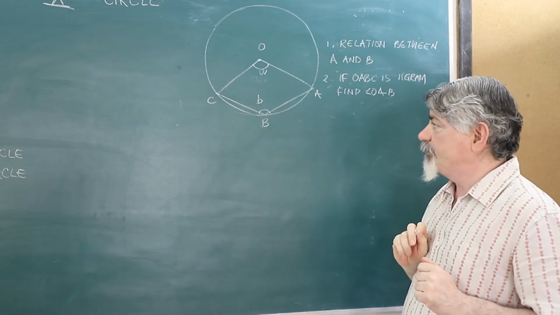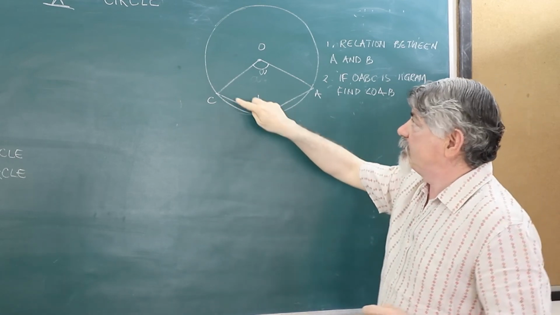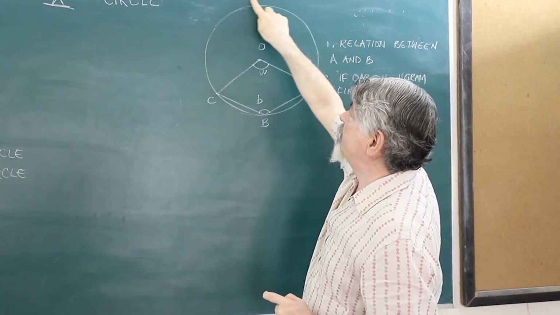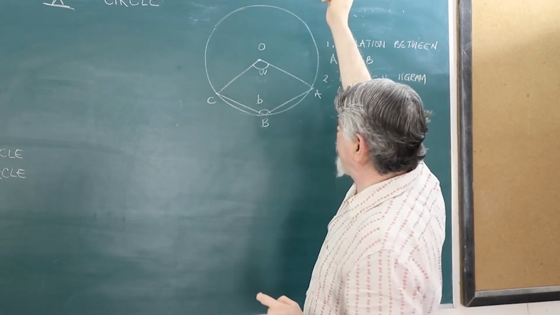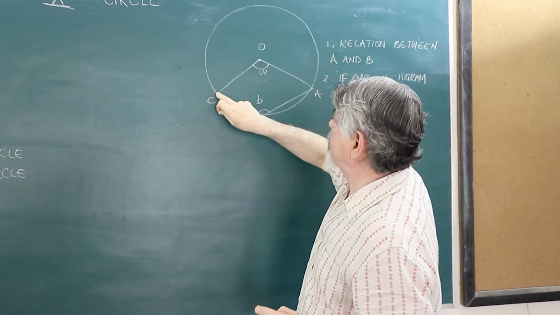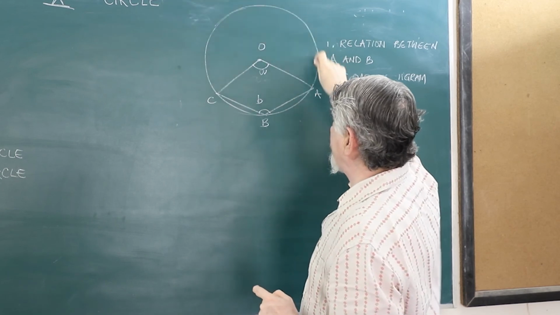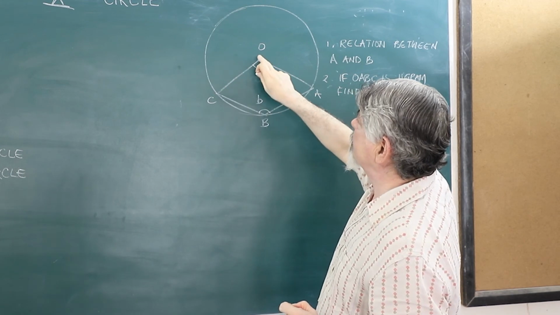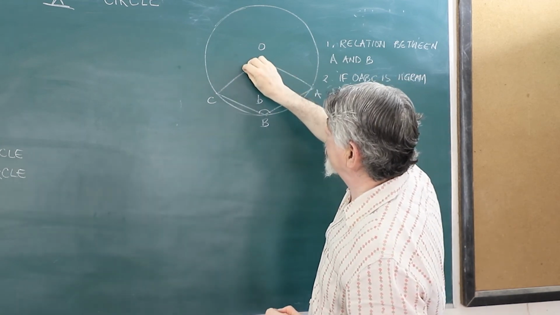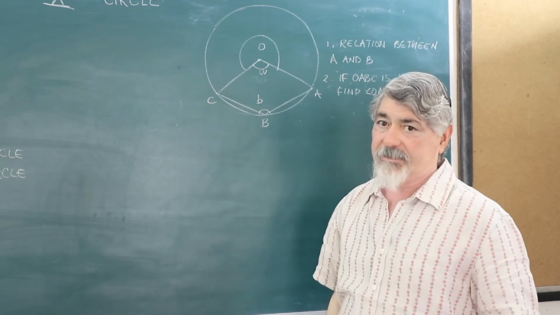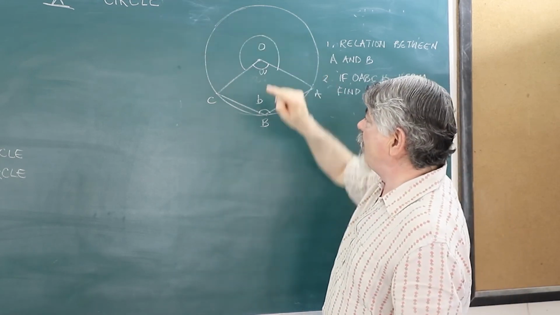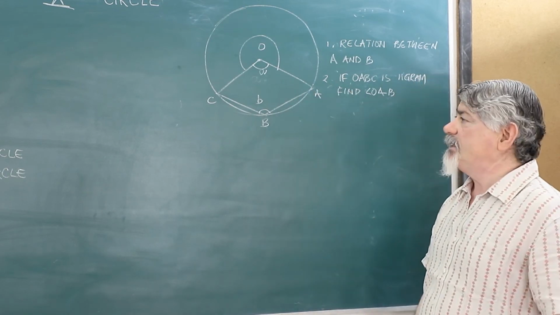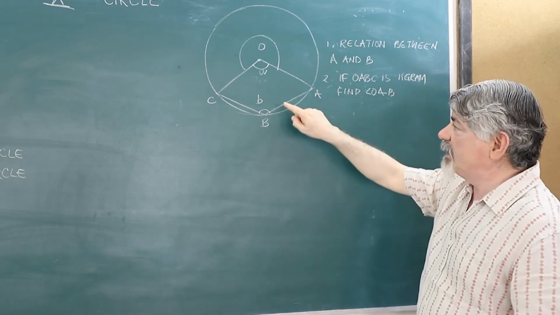So what am I going to do? Look here. This major arc, suppose I name it CPA, subtends reflex angle COA at the center. And the same arc subtends angle CBA at the remaining part of the circumference. So what is the relation?